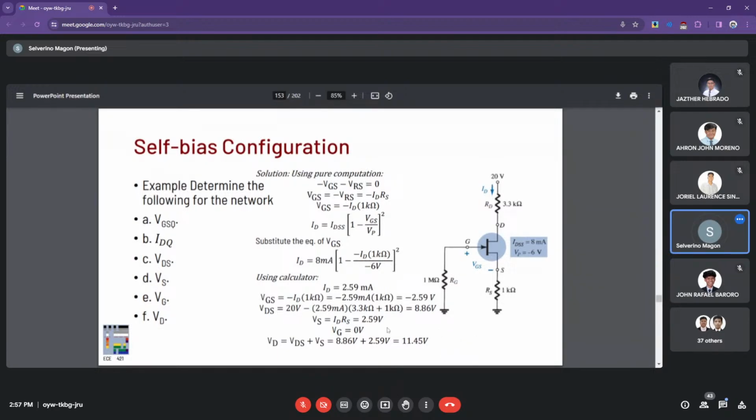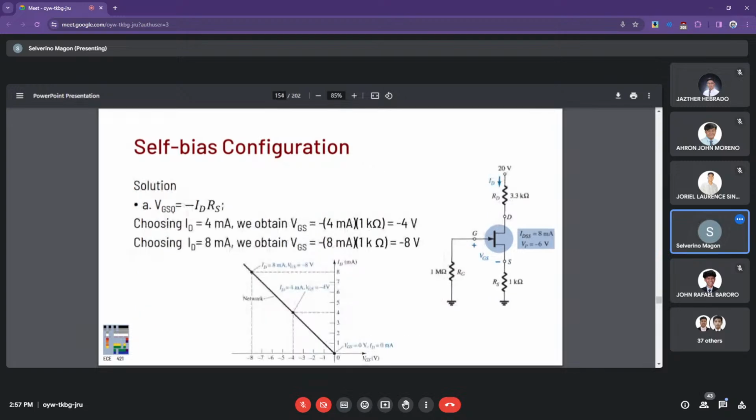Okay, so since you have 1K here, coincidentally you have the same 2.59 there. And again, we have voltage at 0. So VD is equal to VDS plus VS right there.